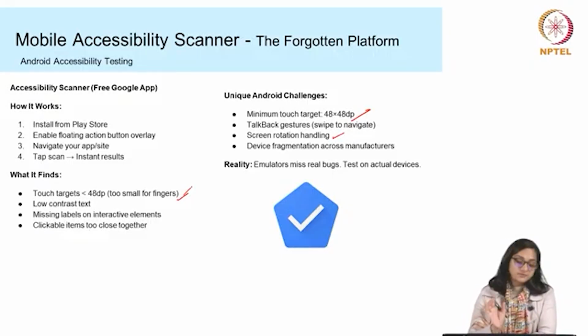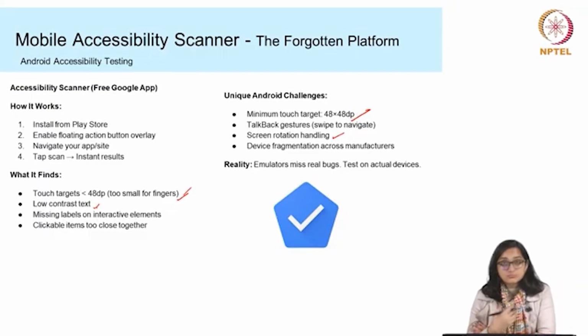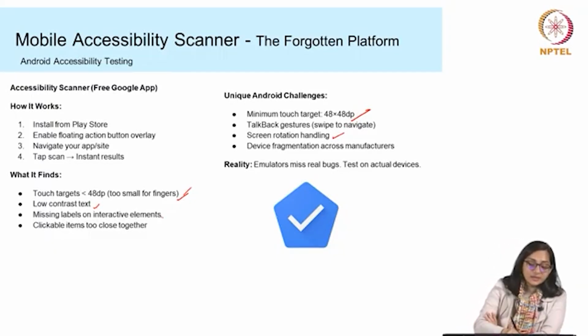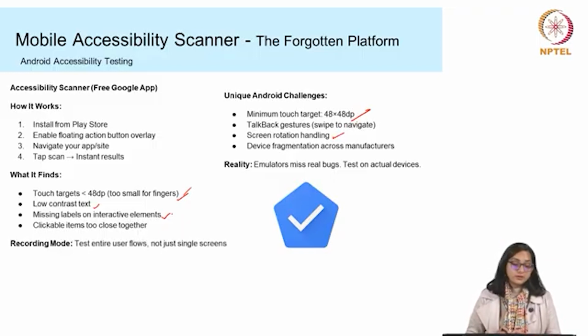So the things which it is able to find are touch targets. It is able to identify if they are too small for fingers. Low contrast text, it is able to pinpoint. Missing labels on interactive elements, it is able to pinpoint. Clickable items that are too close together, maybe. All of those things it is able to identify. So, recording mode: test the entire user flow, not just single screens.